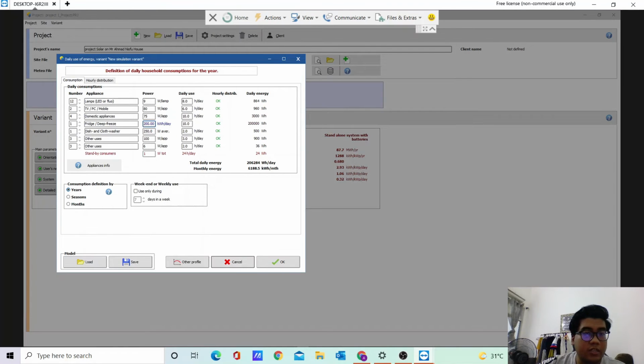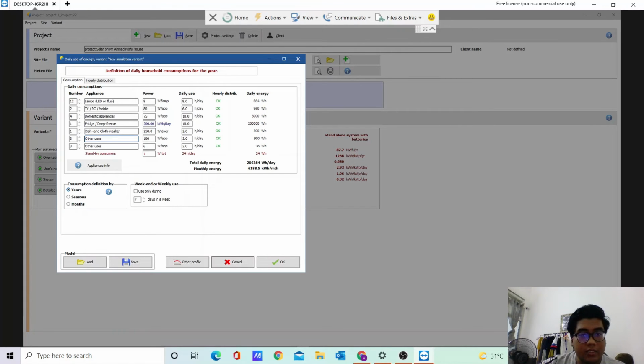And for the dish and clothes washer, same, only one. We use only 250 watt average for 2 hours, and we get 500 watt-hours. And for the other use, once for 100 watt for 3 hours per day, we get 900 watt-hours, and for 6 watt we get 336 watt-hours.